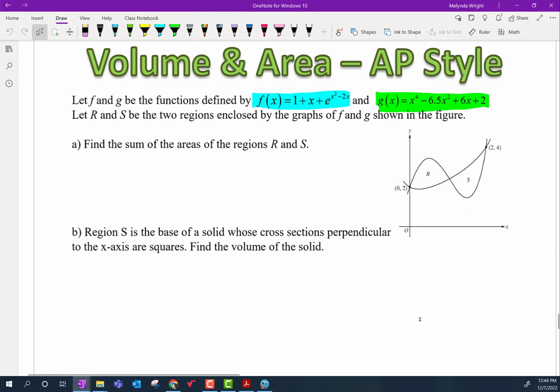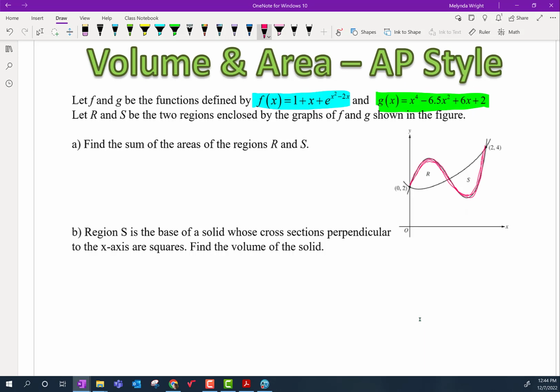In just one second, let's plan our work first. It looks like this function, whichever one it is, I'll just draw it in pink, changes places, right? In the R region, it's the big, and in the S region, it's the little.